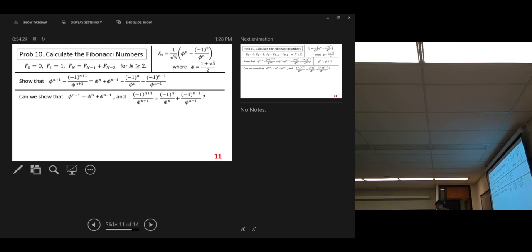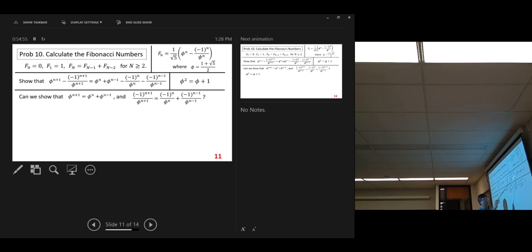So let's split in that way. Our goal is to verify these two equalities.